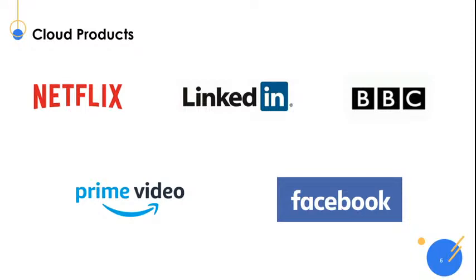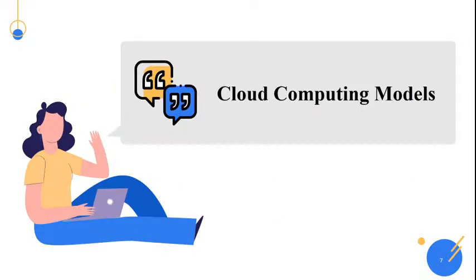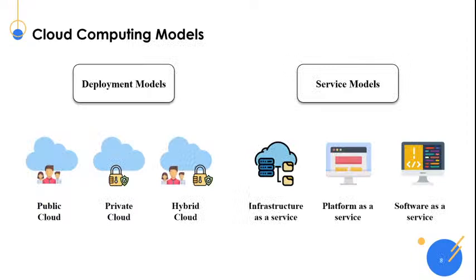Now let's talk about cloud computing models. So cloud computing is basically divided into two kinds of model. The first one is deployment model, and the second is service models. Furthermore, the way you can deploy on cloud has three ways to it, right?